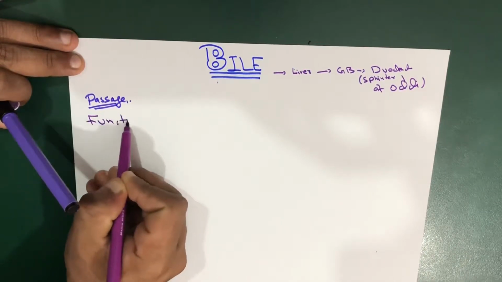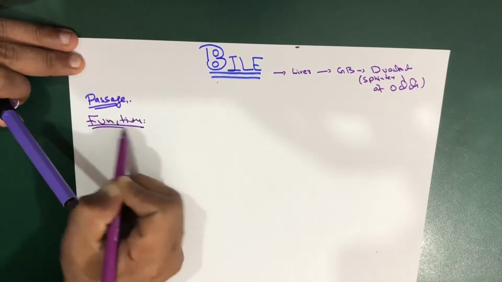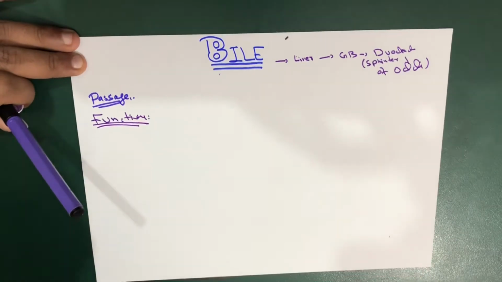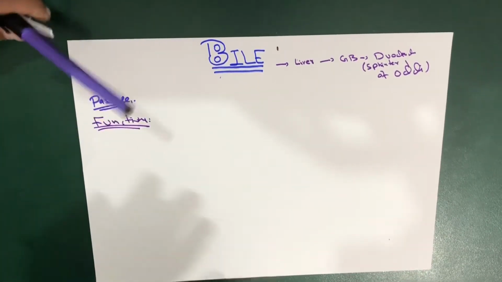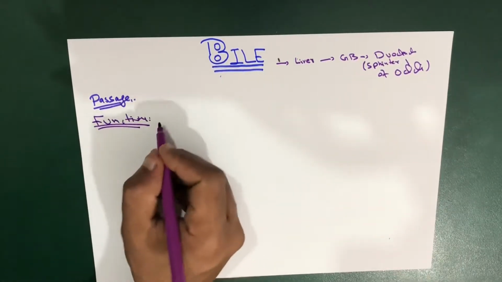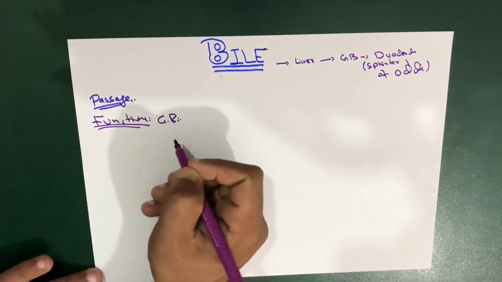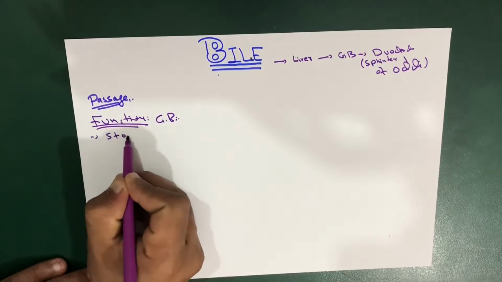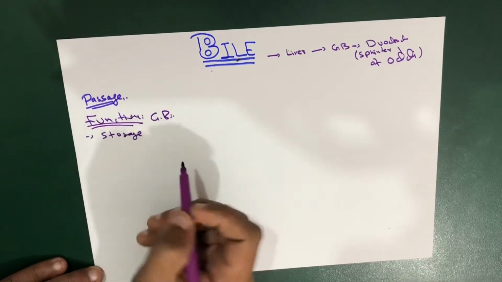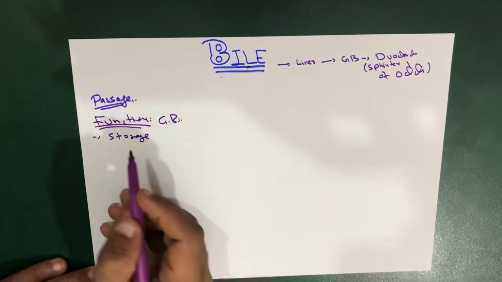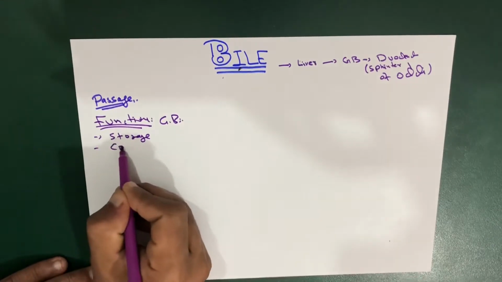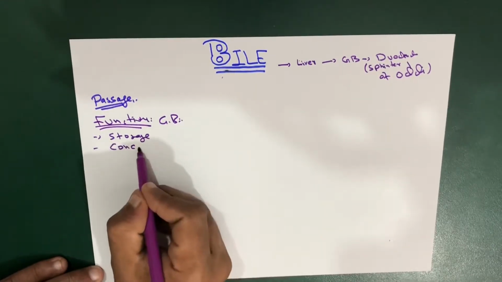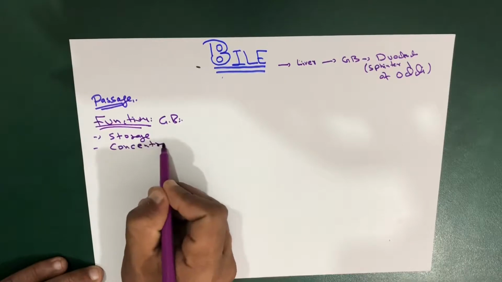In case of the functions, we will talk about the functions of your gallbladder. The gallbladder is used as a storage for your bile, and it also releases bile. It concentrates your bile, increasing the concentration of bile.